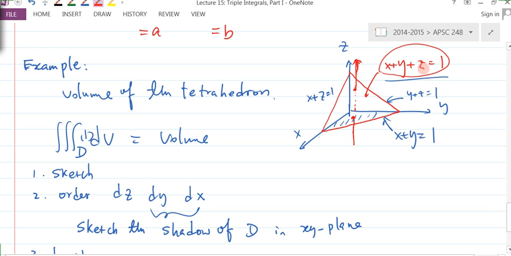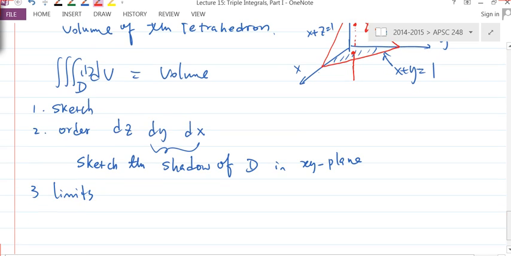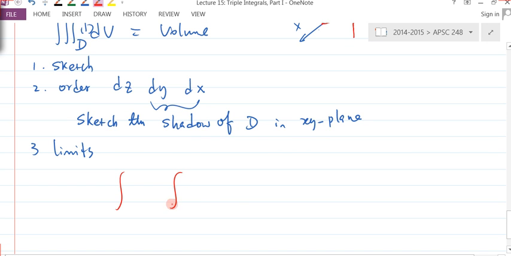You express the top surface, that is, express z in terms of the other two variables, x and y. So my limit for z is 0 to 1 minus x minus y, and we're integrating with respect to z first, and then dy and dx. Is that clear?